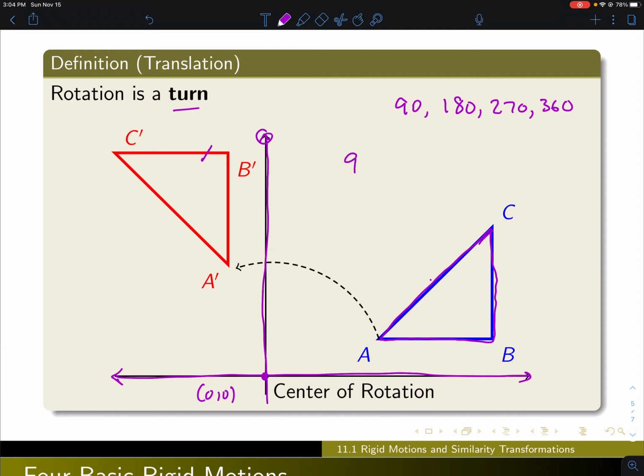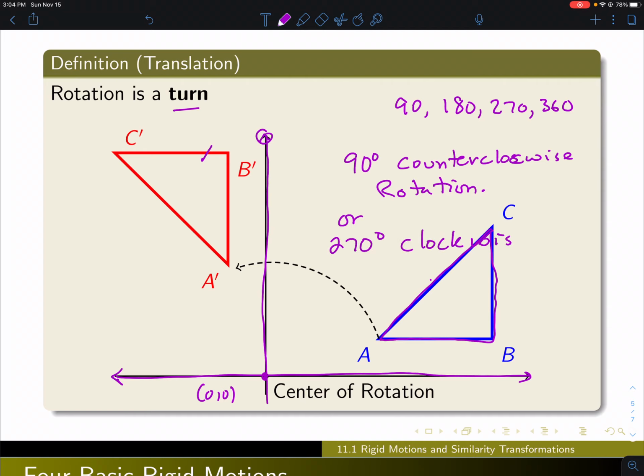So this one is a 90 degrees counterclockwise rotation, or a 270 degree clockwise rotation. So I could have gone this way and around and gotten the same thing.